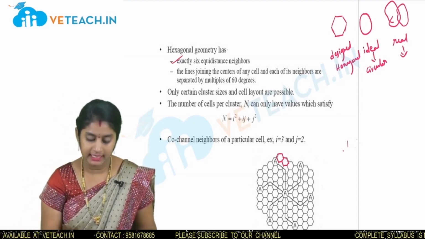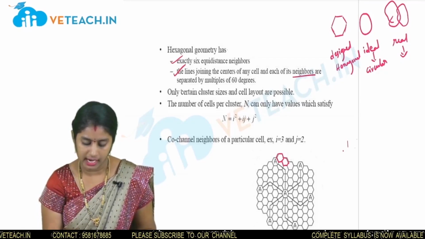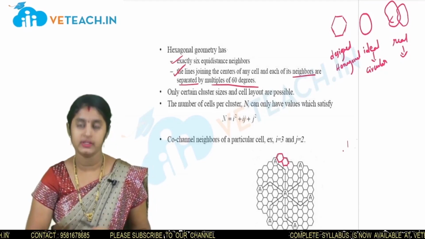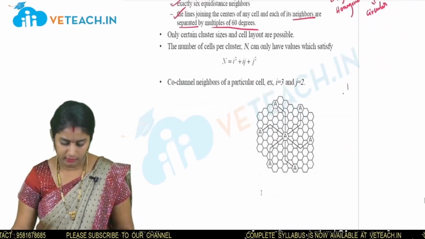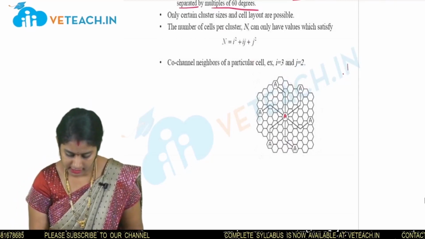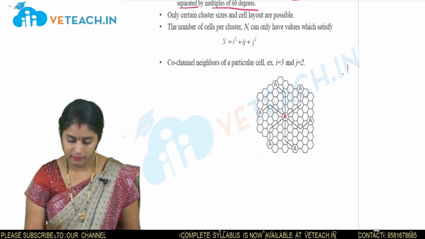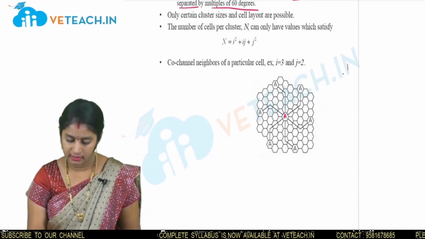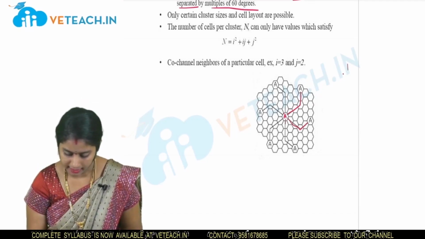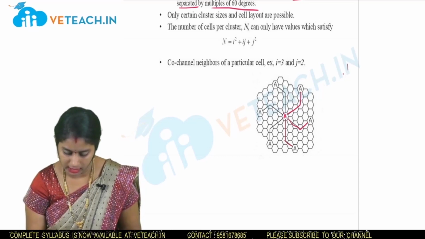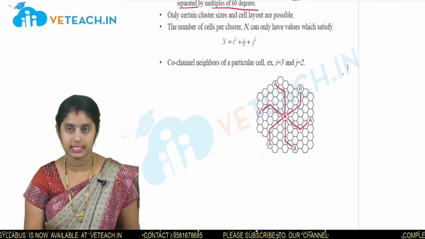Okay. And next, the lines joining the centers of each cell and each of its neighbors are separated by multiples of 60 degrees. In this figure, we have A, which is the center cell, and from this cell we are going to interconnect different cells by using this connector line, and through this line we have the interconnection between any two clusters or multiple clusters.